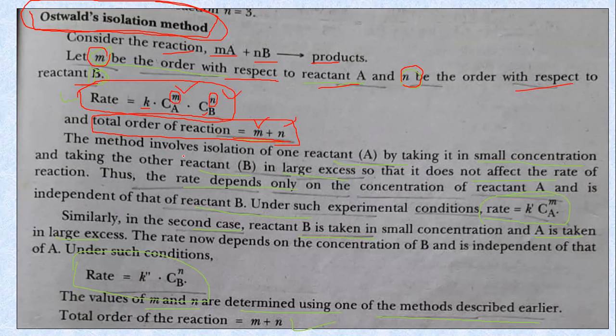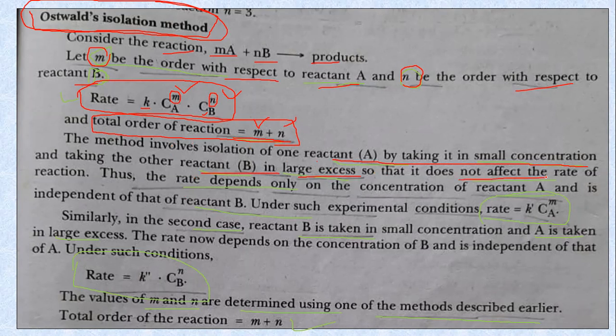Now what does this method actually involve? One of the reactants is taken in a small quantity and the other is taken in excess. See, A is kept at a small concentration while the concentration of B is very large, in excess.